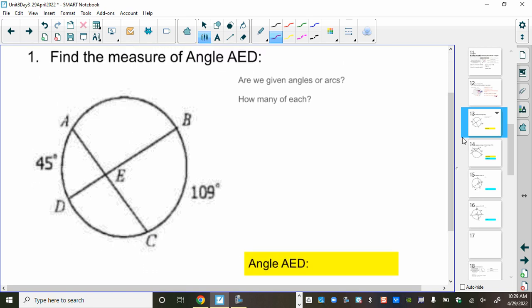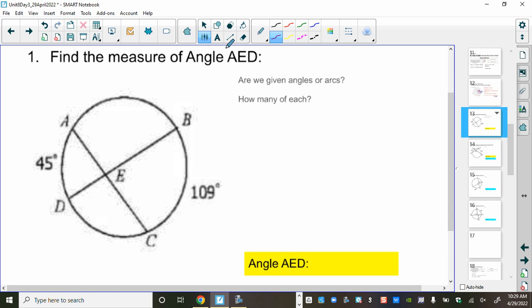Okay, let's look at what we have. Well, let's also find out, first off, angle AED. So get your highlighters, get your markers, get something so you can identify what you're trying to find. Because also, on your test, if you need to use a highlighter or colored pencil, never be afraid to ask.